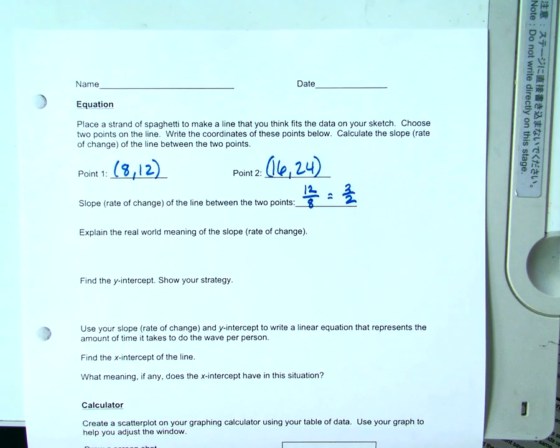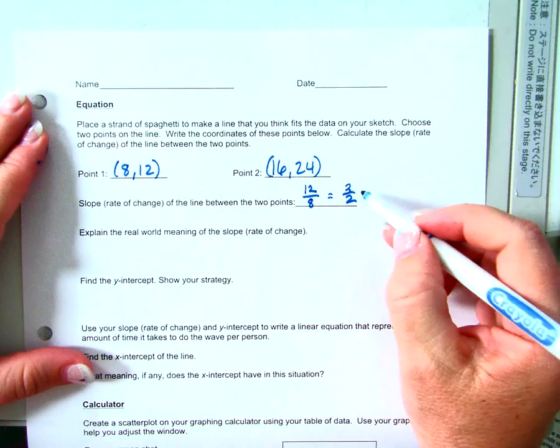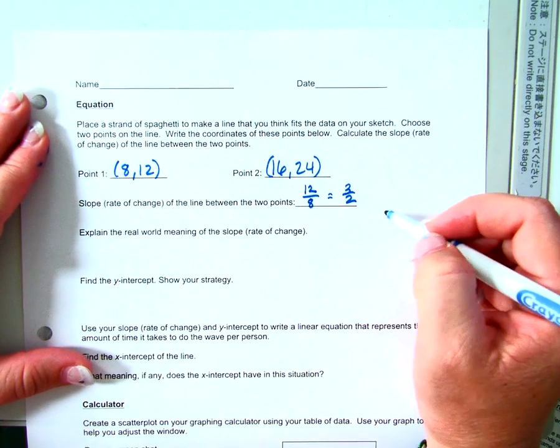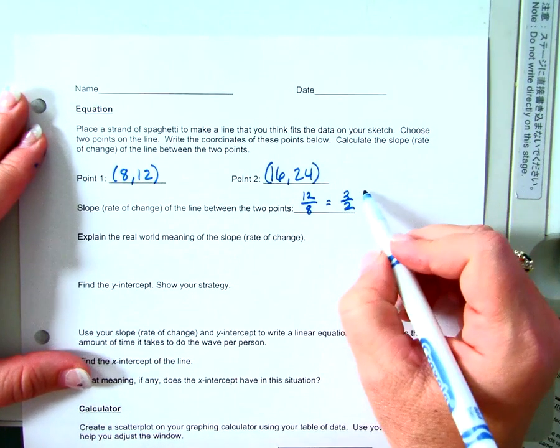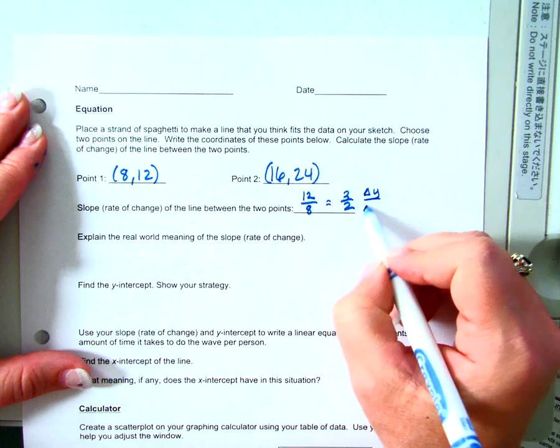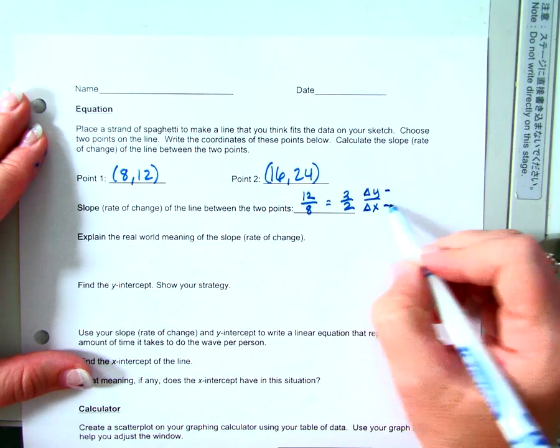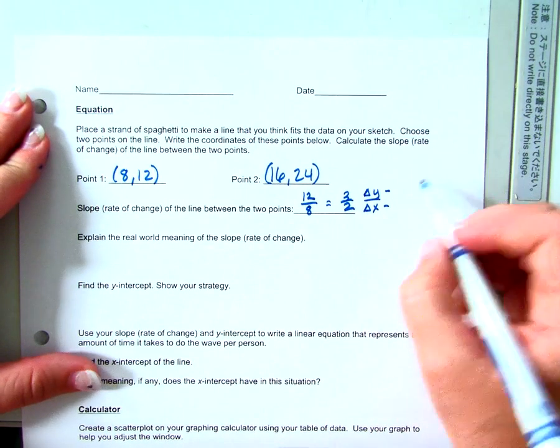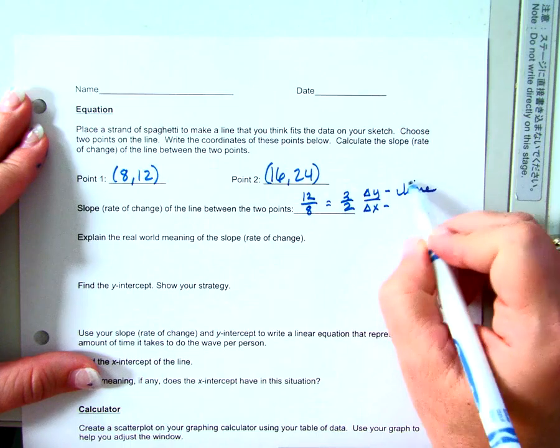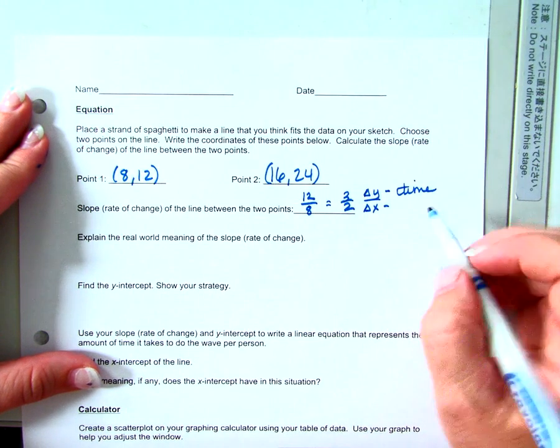Okay. What's the real world meaning of the slope? What are the labels that go with the slope? This is the change in y over the change in x, right? What label goes with y? Time. What label goes with x? People.